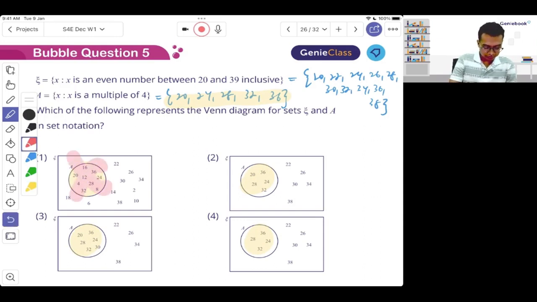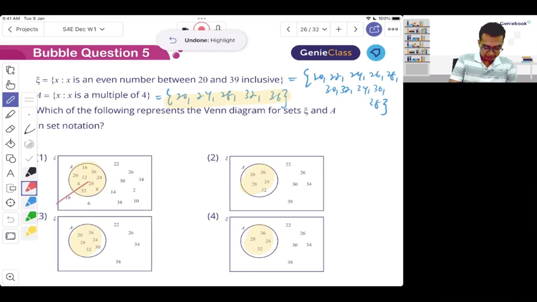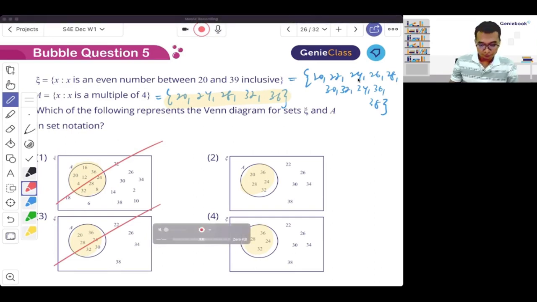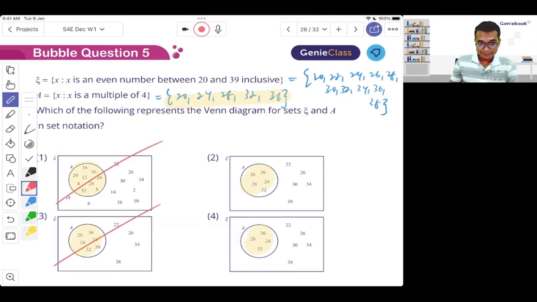So these two are immediately off, cancel. Now let's take a look at option 2 and option 4. In this case, let's take a look at the remaining numbers. So 22, 26, 30, 34, 38. Correct.